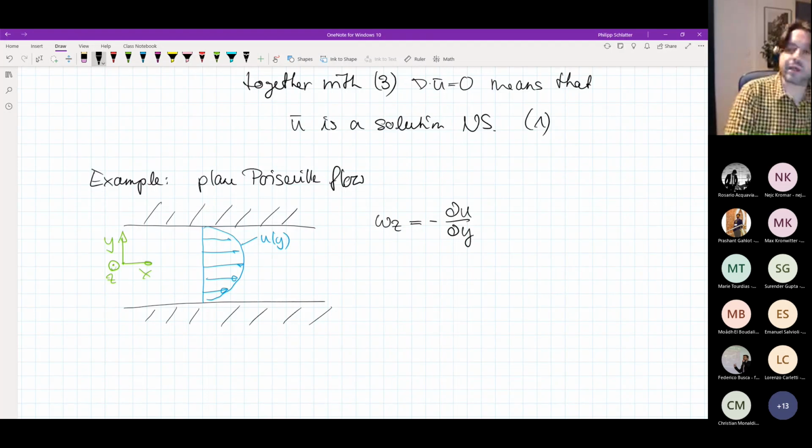That is the only component that is non-zero, because all the other terms would contain derivatives d/dx and d/dz, which are zero. So we have minus du dy, and now knowing how the velocity profile looks like in a channel, this becomes 2 times UCL times y divided by b.